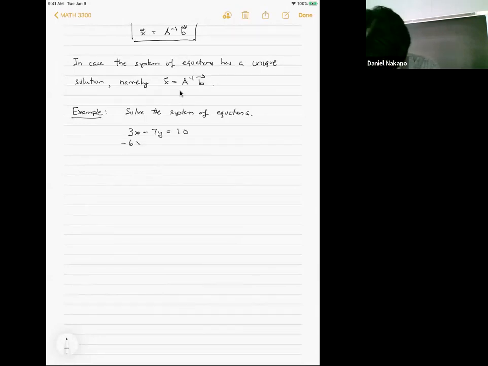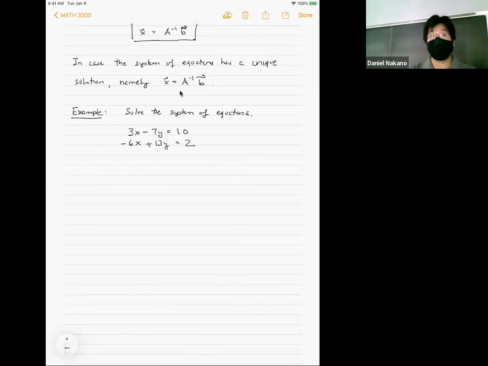And -6x plus 13y is equal to 2. Okay. Now, we know how to do this using Gaussian elimination. And that turns out to be, generally speaking, the most efficient way to do things. Right? But in this problem, let's solve the system of equations by using the inverse.